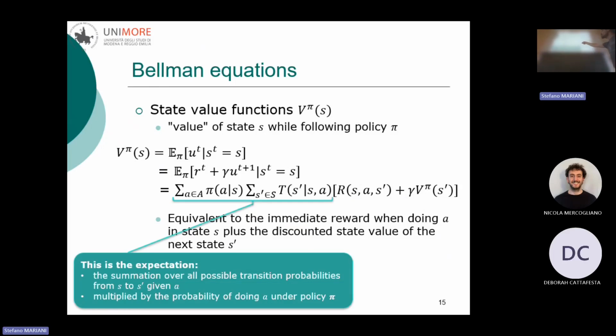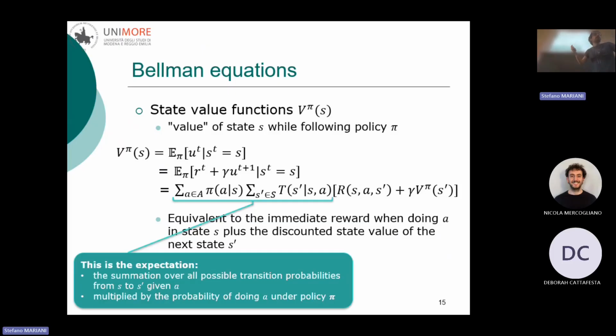Let's try to analyze this because it seems complicated, but it's not. Since the state transition function can be probabilistic, I need to consider all the possible future states that are reachable from this current state given this current action. Because this T, if you remember, is a mapping to a probability distribution between 0 and 1.